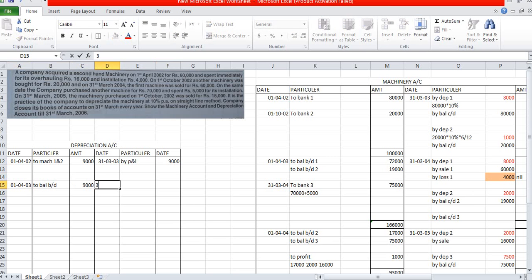Here 31st March 2004, by P&L. By P&L you will get how much? 9,000. So second year it's 10,000.